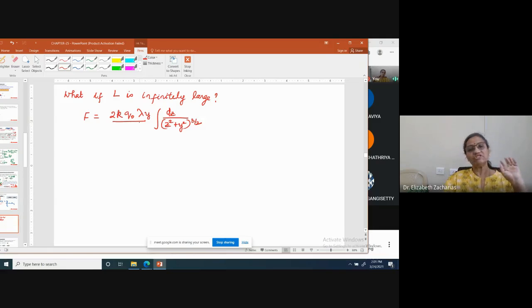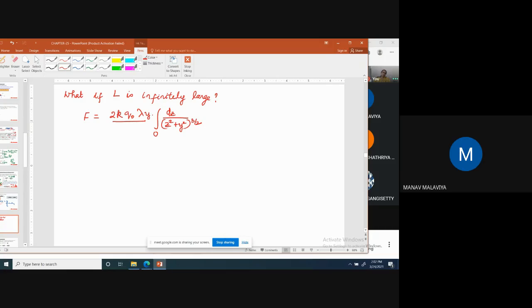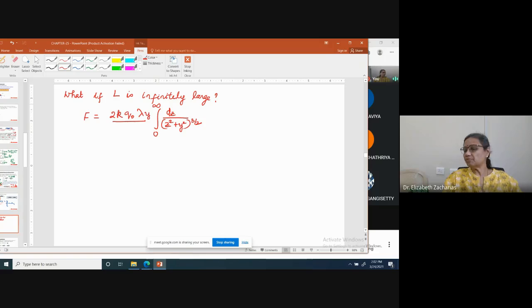So what do you think will change when the line is infinitely large? When it was not large, it was 0 to L by 2. Now what will happen to the limits? Limits will become 0 to infinity.